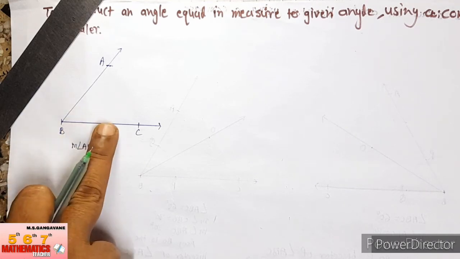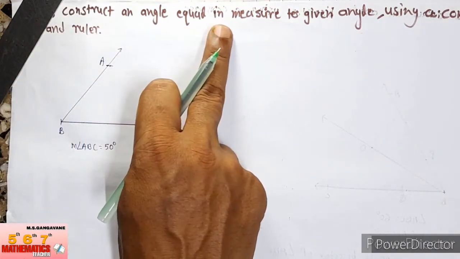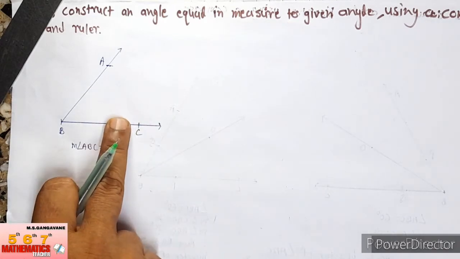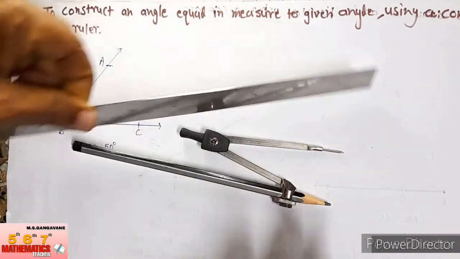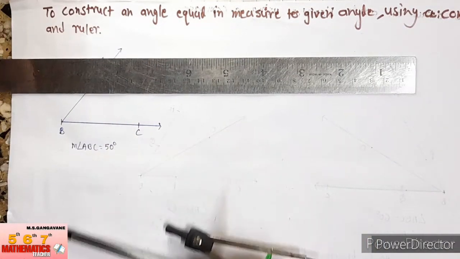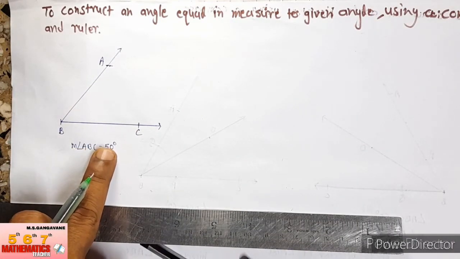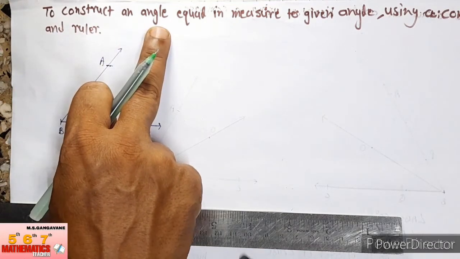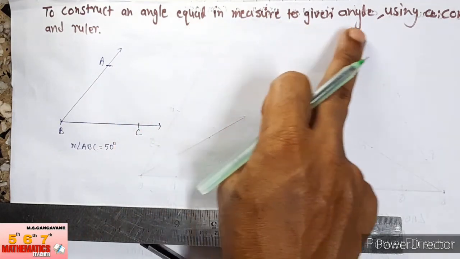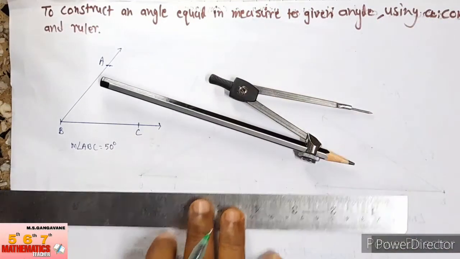Now use this figure and construct an angle equal in measure to the given angle using compass and ruler. Okay, listen again. It is the first figure. They are given figure, angle ABC 50 degree. To construct an angle equal in measure to given angle using the compass and ruler.